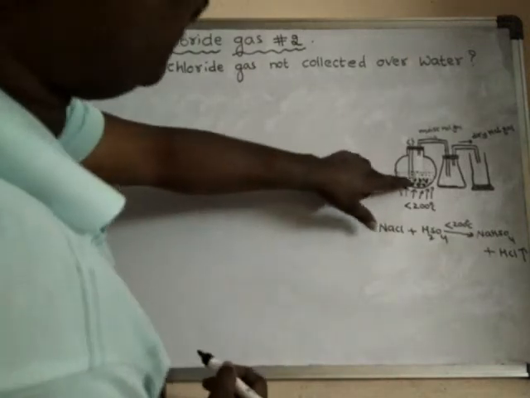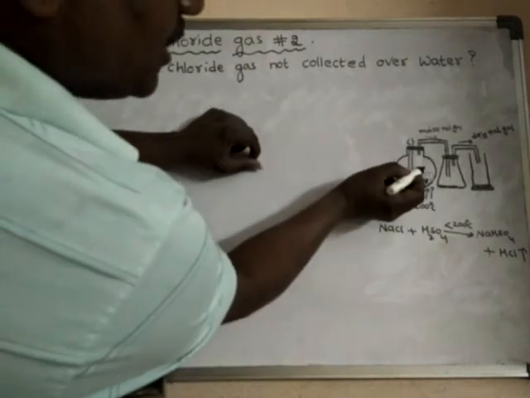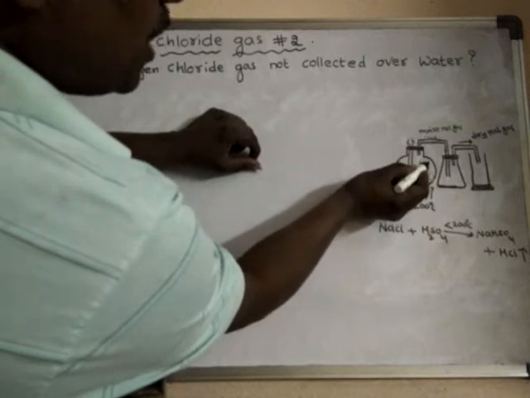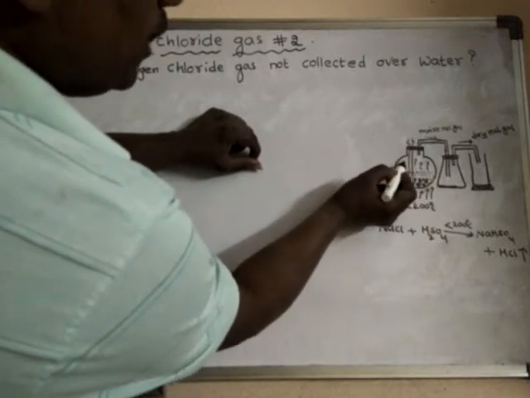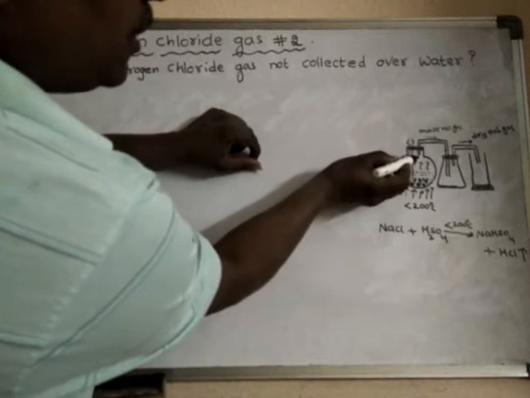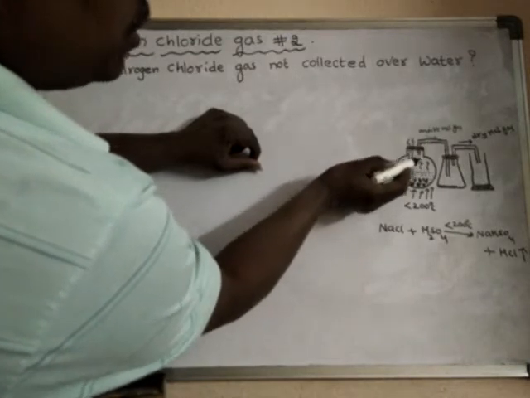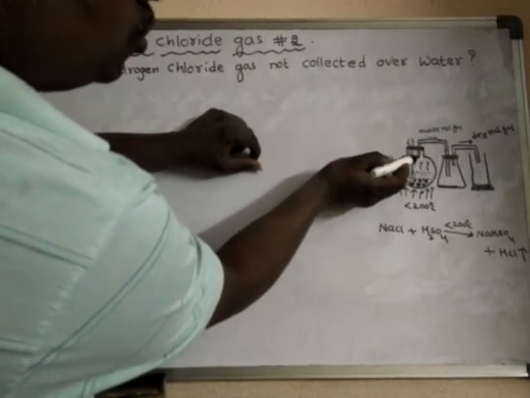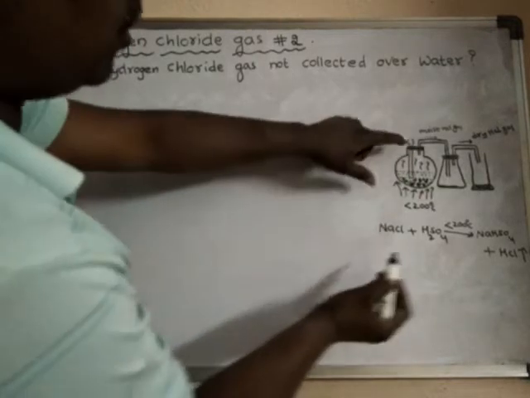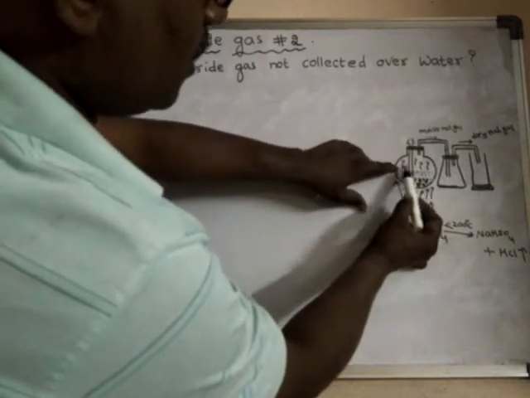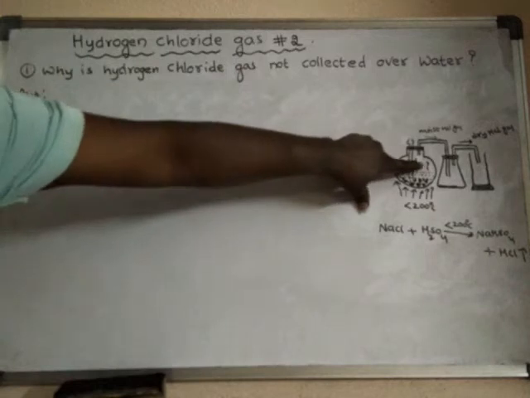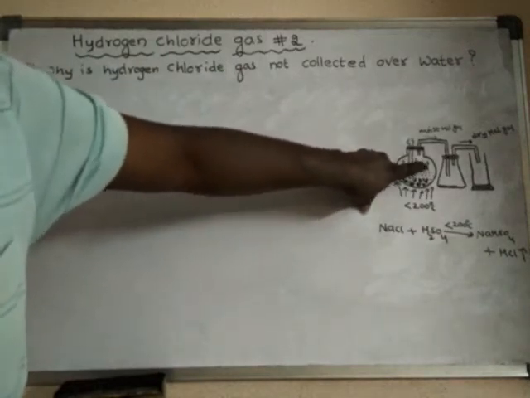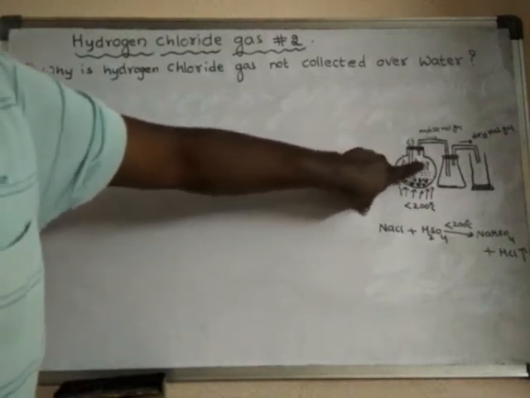The hydrogen chloride gas which is formed here, as it is a gas, will come up and fill this round bottom flask, and there is a delivery tube. Through this delivery tube, the hydrogen chloride gas collected here is moist hydrogen chloride gas, because it contains some moisture.